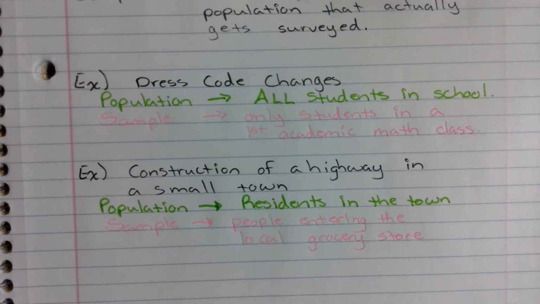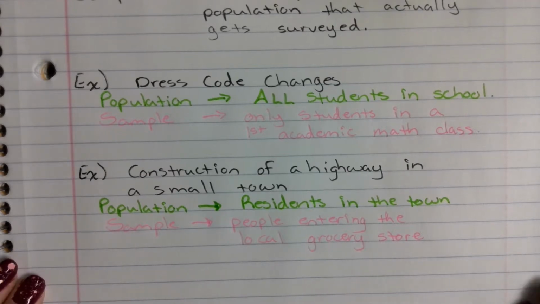Okay? So you have to make sure that you're giving yourself a good variety of who you would be surveying so that it's a fair representation. Like I said before, you have to be a representation of that population, meaning you have to take every opinion into thought. Okay? All right.